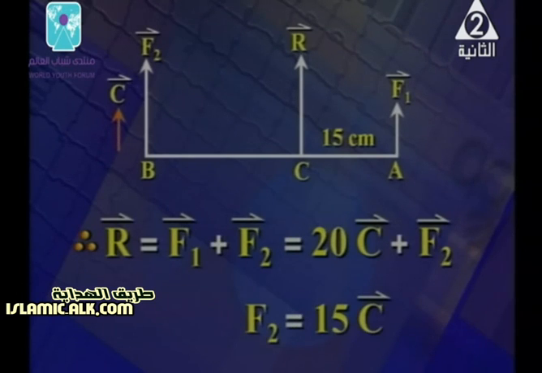Then F2 equals 35 minus 20, equals 15C. Remember, R in this case, dear student, equals 35 and F1 equals 20, so F2 must equal 15. Why? Because R equals F1 plus F2. R is 35, F1 is 20, then F2 is 35 minus 20 equals 15C.